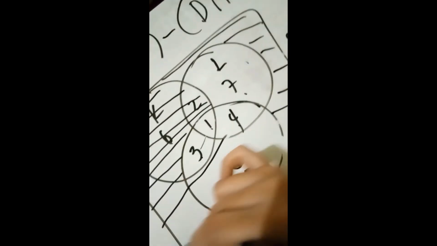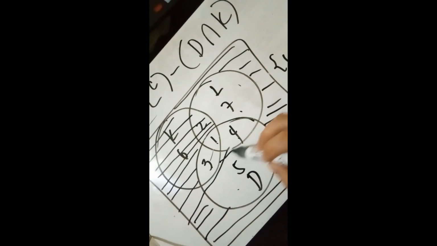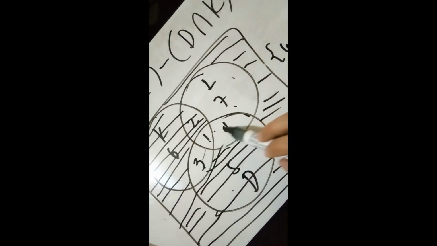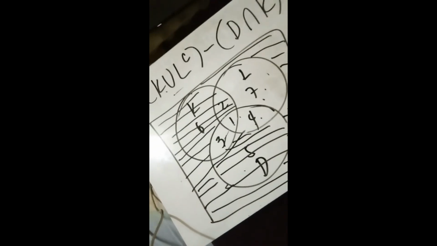Pasensyaan nyo na, hindi ako arts major. So, except the regions 3, 1, 4, 7. So, that's number 8.